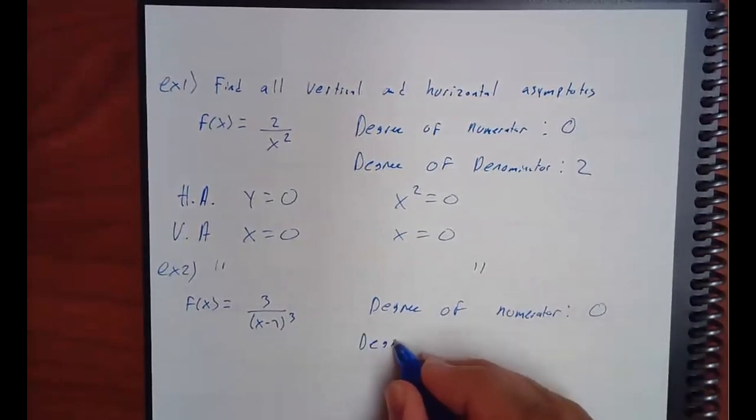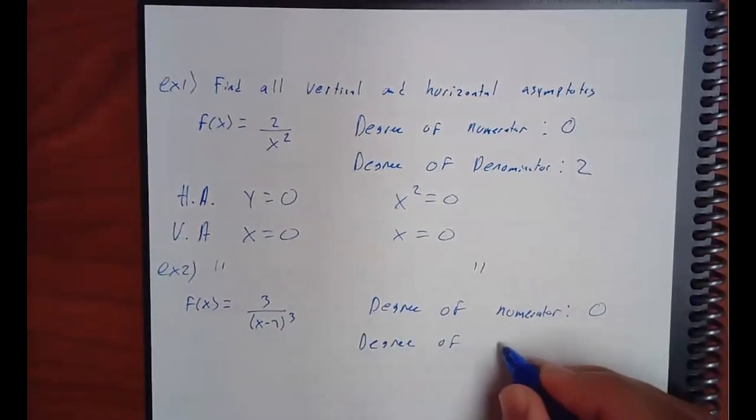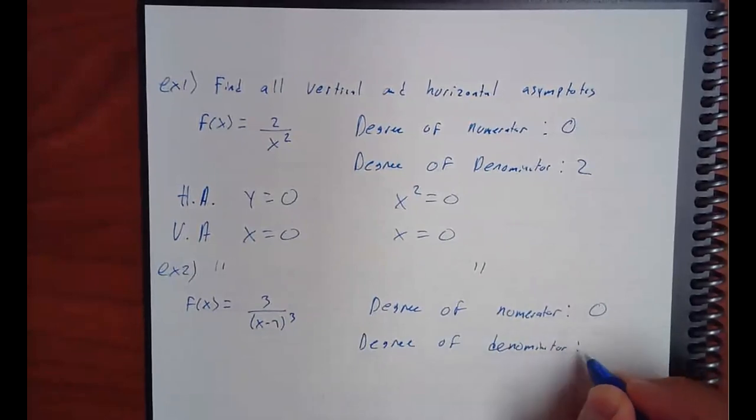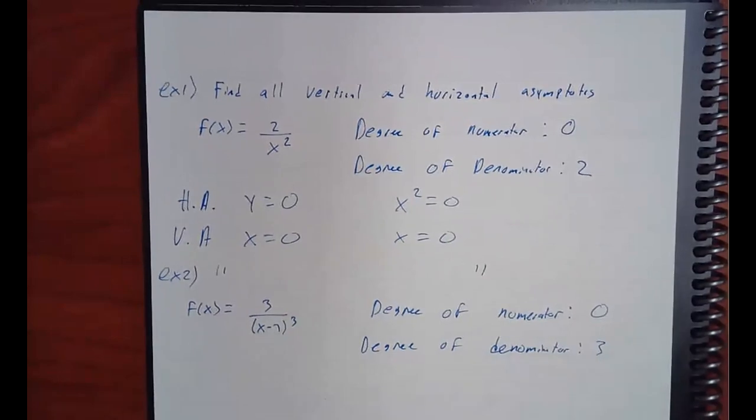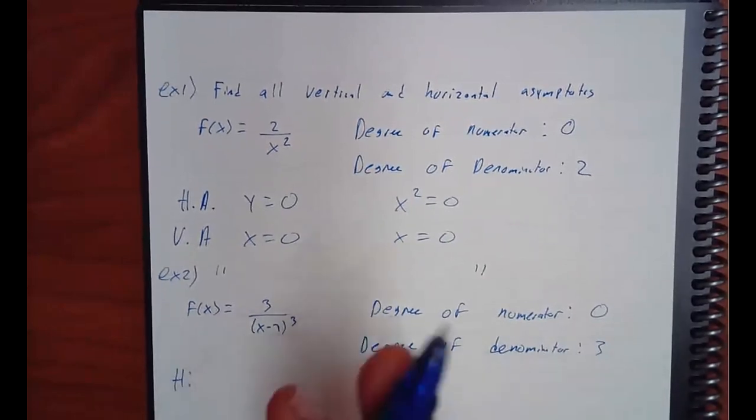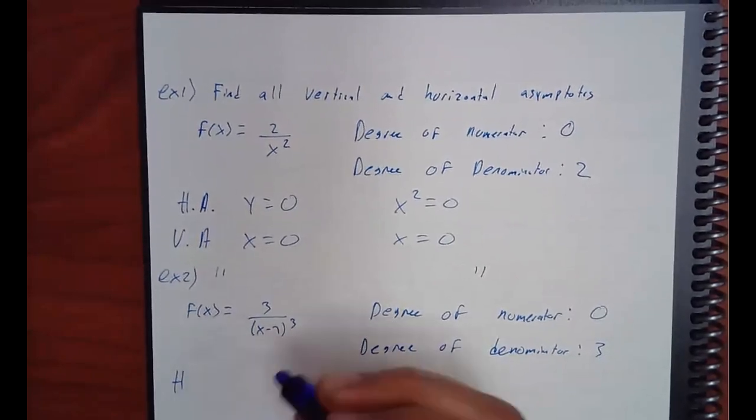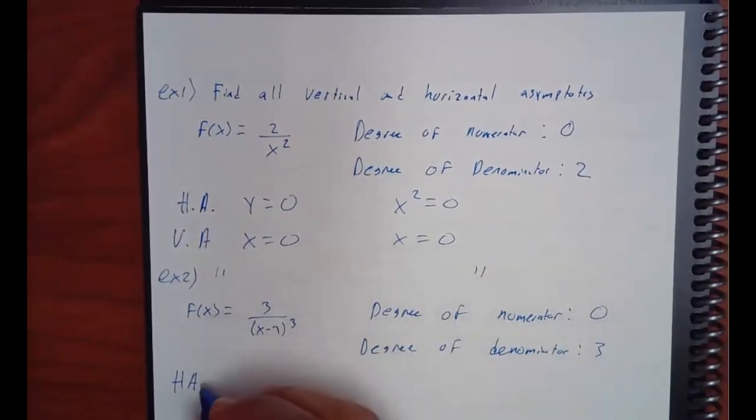Yeah, 0. Degree of the bottom? 3. Okay, so it's the same scenario, right? So what is the horizontal asymptote? 0. Yeah, but it has to be written as a line equation, right?